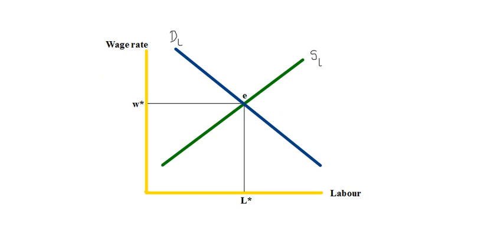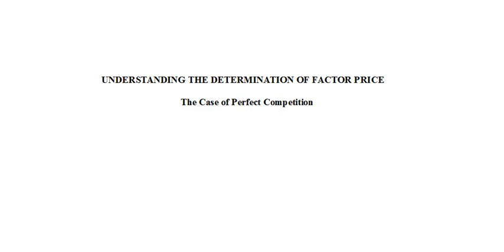Now a point to be noted in deriving the factor price in perfectly competitive markets is that the demand of a factor is different from demand of output, because demand of factor is a derived demand. So only if the demand for output is increasing, the demand for labor would increase, because labor would be needed to produce more output. Similarly, supply of factor is different from supply of output. Supply of output is directly determined on the basis of price.